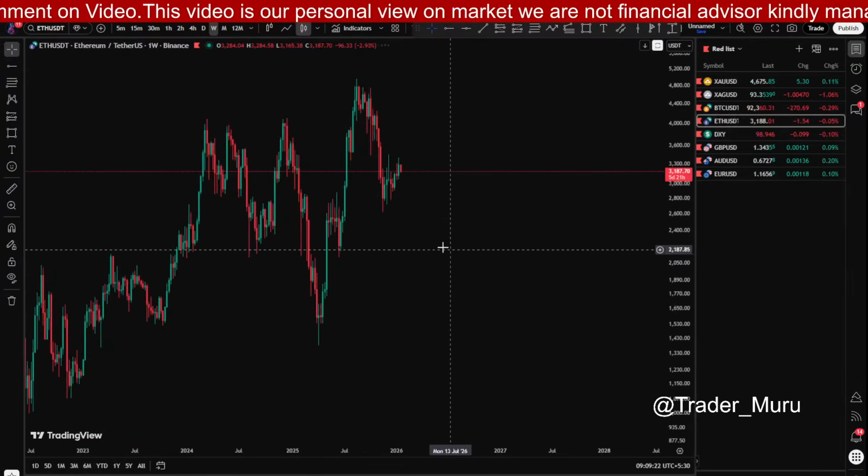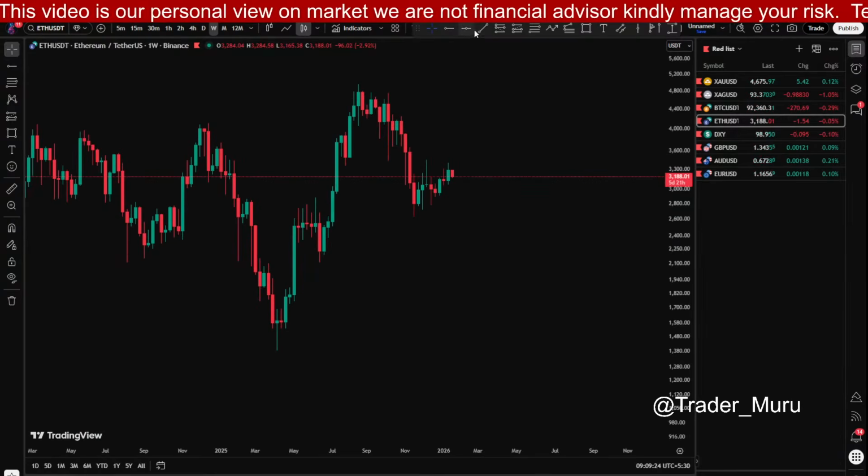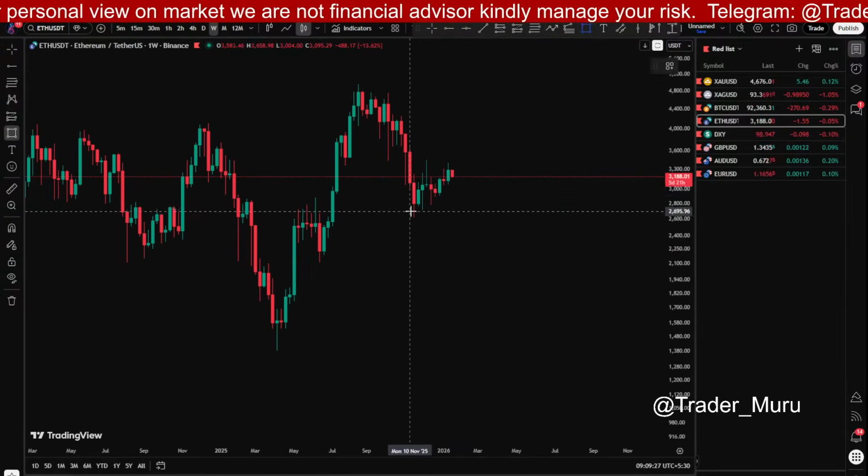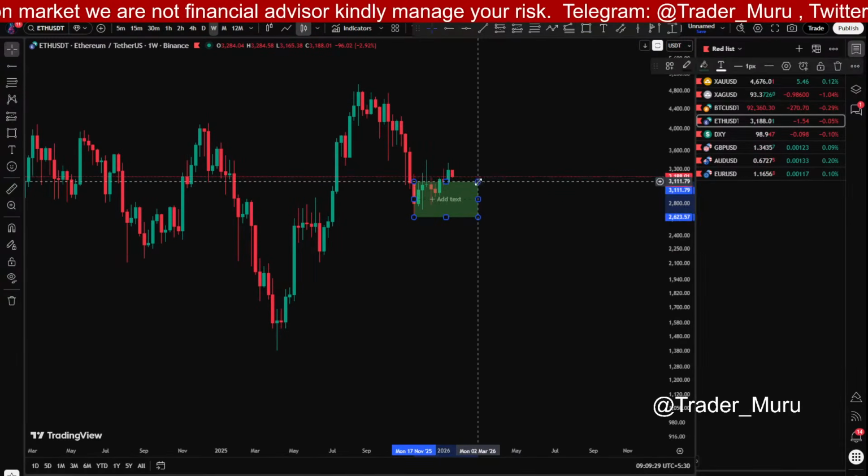Now let's see Ethereum. Ethereum is having the same price action. This is our bear flag.